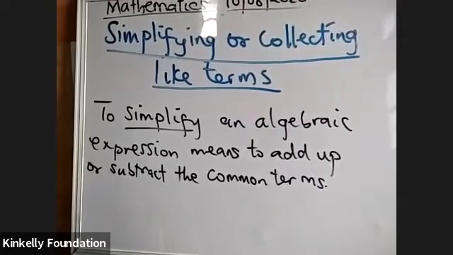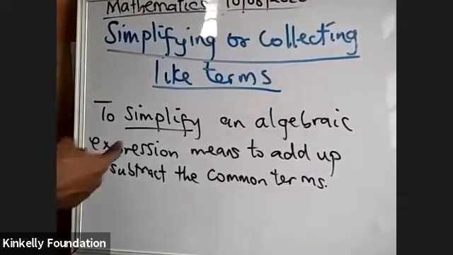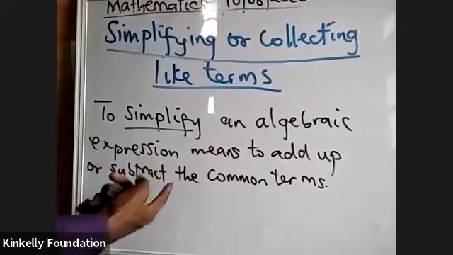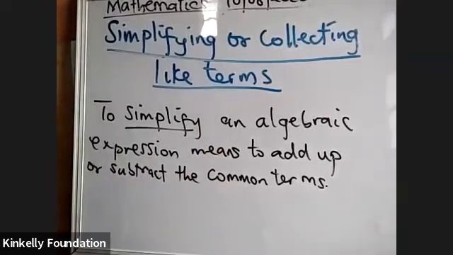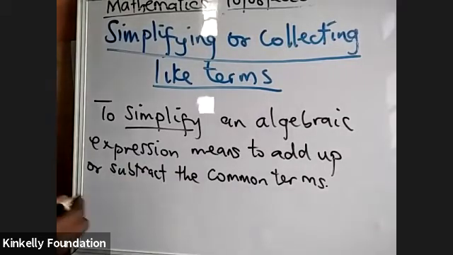Or collecting like terms. We said here that to simplify an algebraic expression means to add up or subtract the common terms. Now, the situation is that an algebraic expression has the same terms in it. What we do is just to add or subtract them. Now, let us give an example.